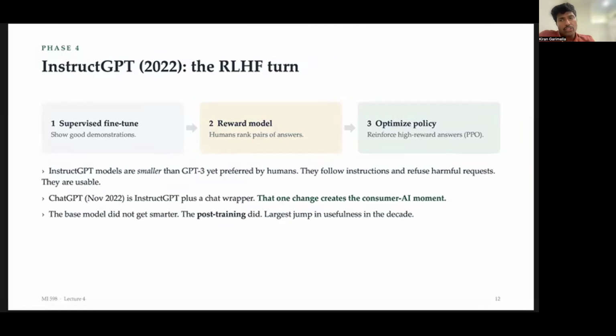These are usually smaller models than GPT, but they're much more preferred by humans because they're fine-tuned on this human feedback. So that enabled these ChatGPT-like models, which just created a consumer AI moment, right? We all got exposed to consumer AI. I mean, GPT-3 existed for a while before that, but we got this because of these instruct models.